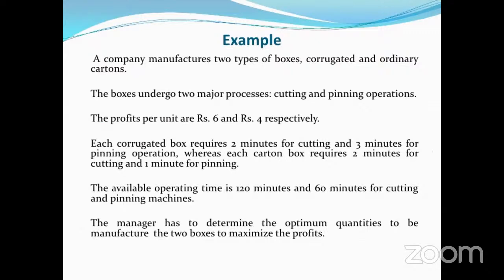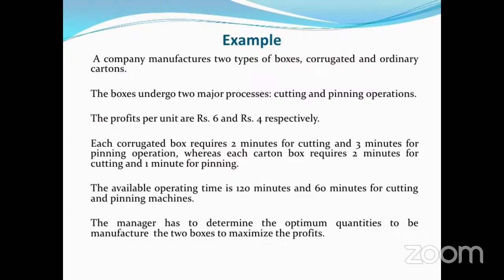So first, we need to write the aim of the business, what he actually has as the objective. The business wants to manufacture two types of boxes and to maximize the profit by producing these products. Second, the two variables are corrugated boxes and ordinary cotton boxes, to which we give the symbols.